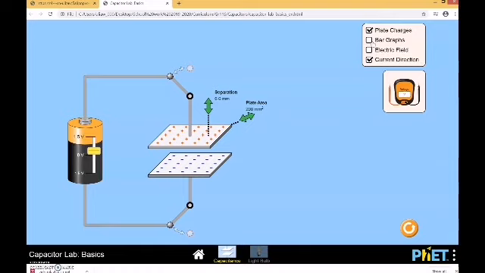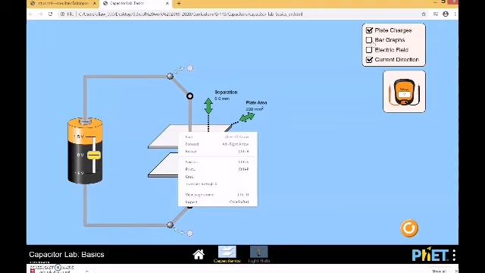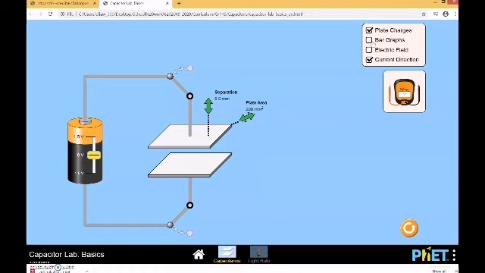The metallic plate here initially is neutral. By neutral I mean there is no excess positive or excess negative charge on it. This is at the very beginning. So in this plate, the number of positive charges is the same as the number of negative charges.